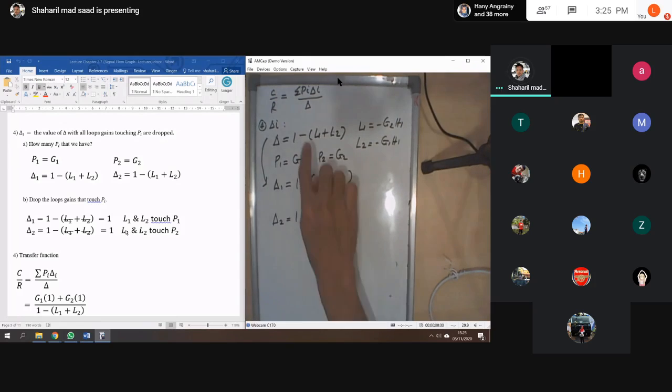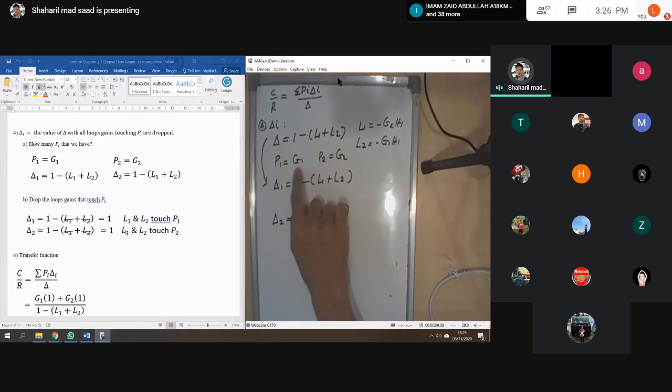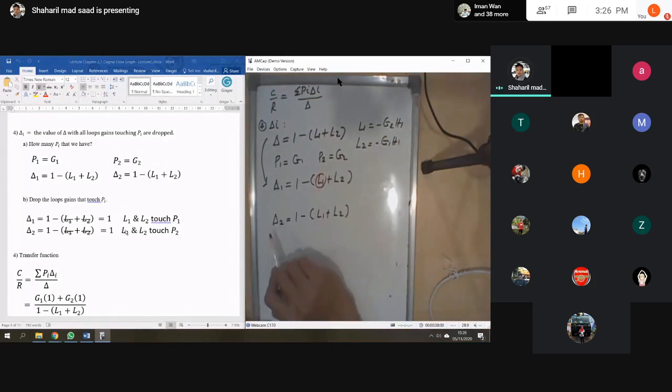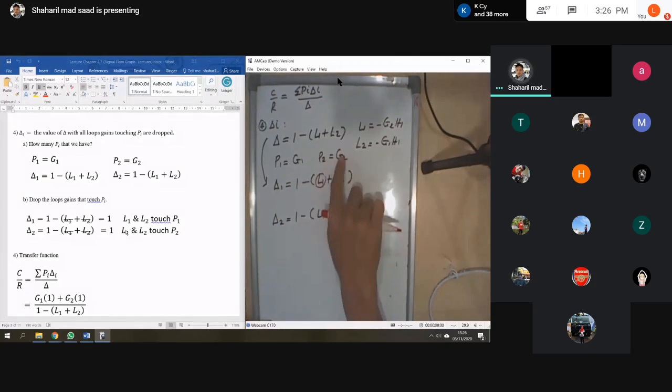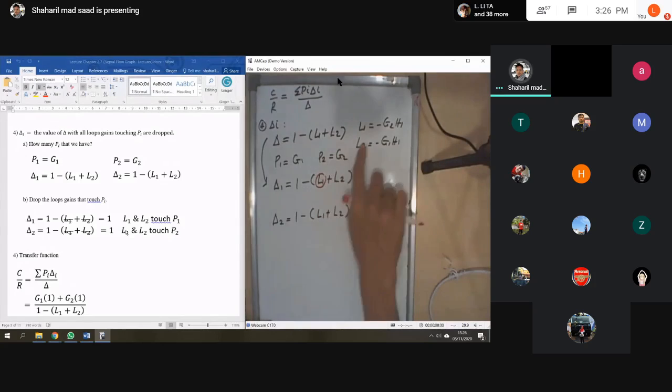So now drop the loops that touch the forward pass gain. Okay, so now look at the L1. Right, L1, is it have the forward pass gain? Yep, L1 here, it have the G2. Yep, it touch the forward pass gain. Faham tak? Do you understand? So L1 have G2, it touch the forward pass gain.